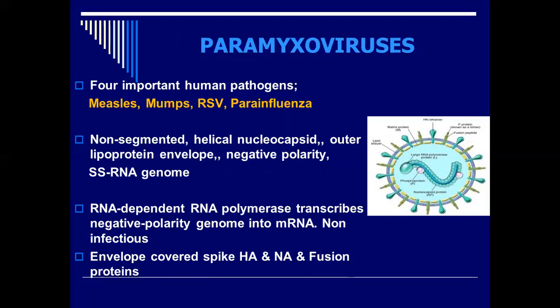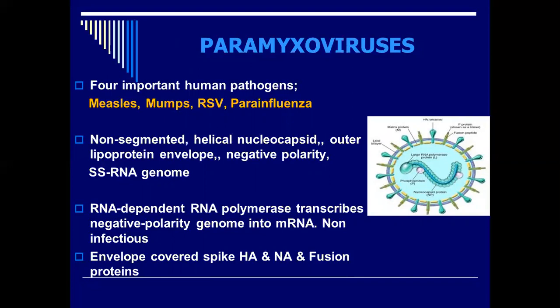Now, the spikes present on the surface of this envelope have 3 types of proteins: the hemagglutinin protein, the neuraminidase, and the fusion protein. The fusion protein has the ability to fuse the cells, and this fusion makes the cells bigger in size.